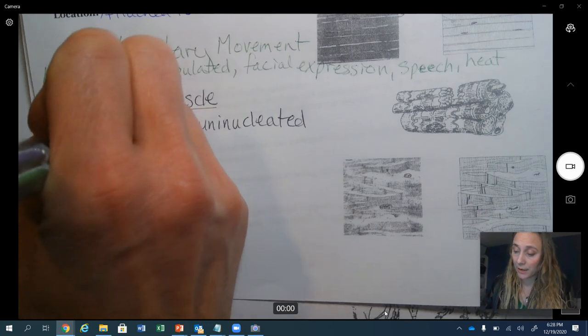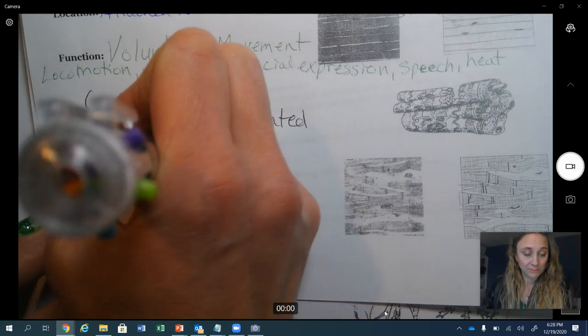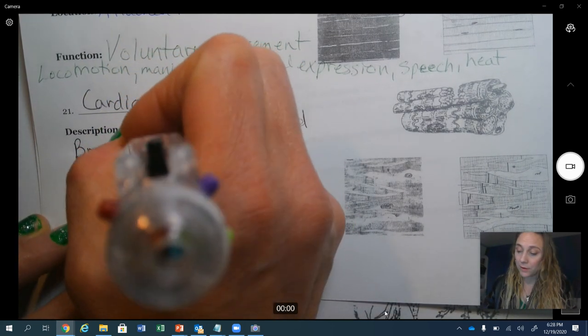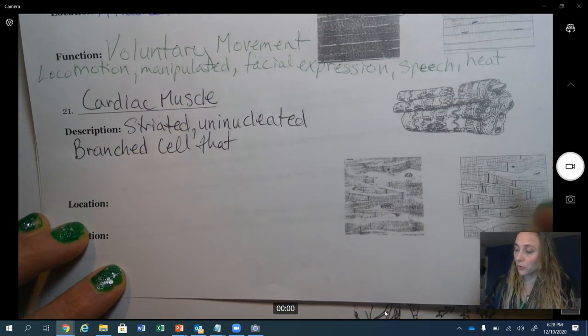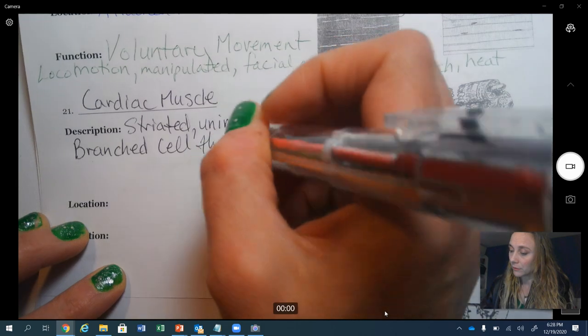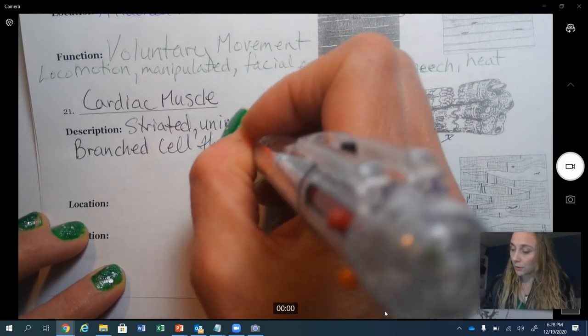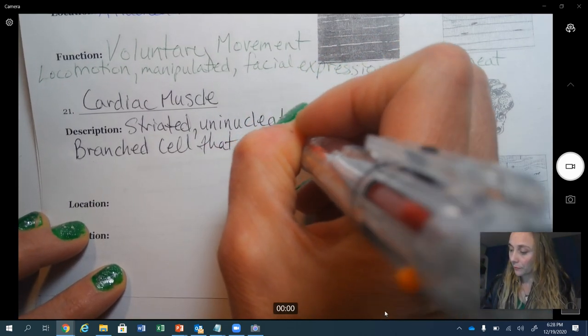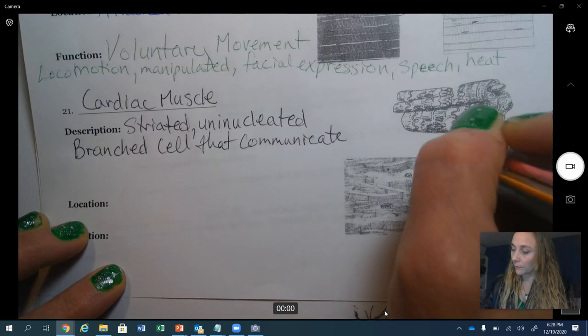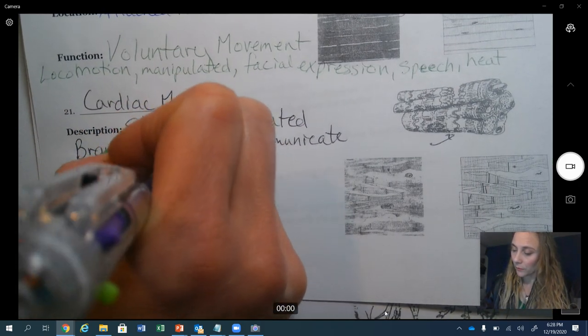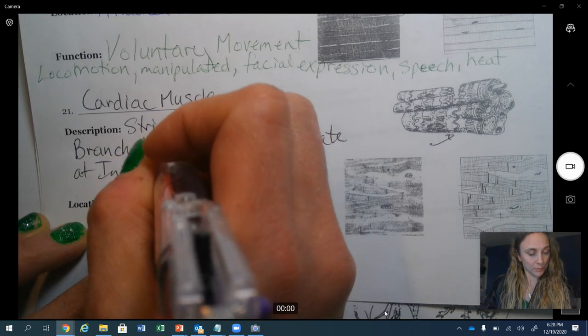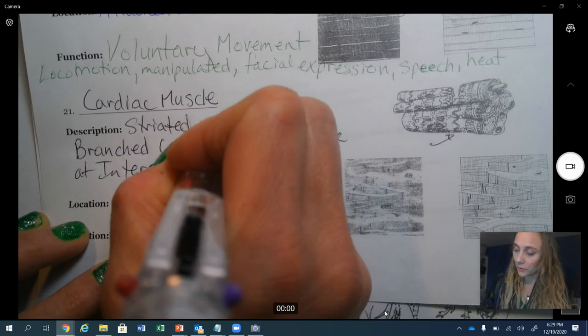That's another way you can tell that it's cardiac. And they communicate at what we call intercalated discs. Make sure I spell that. Good.